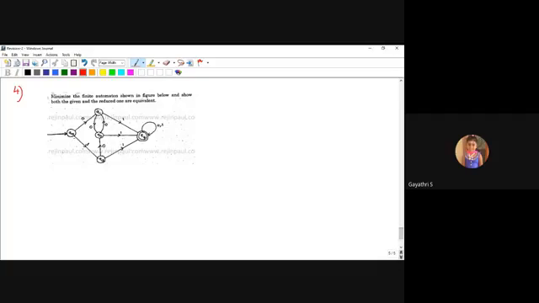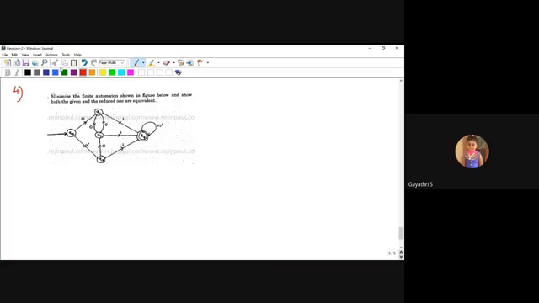Here the starting state is Q0, so all the states Q1, Q2, Q3, and Q4. We will check whether they are reachable from the starting state, because a DFA may have dead states.